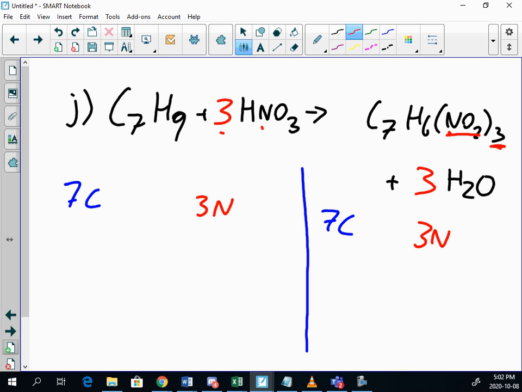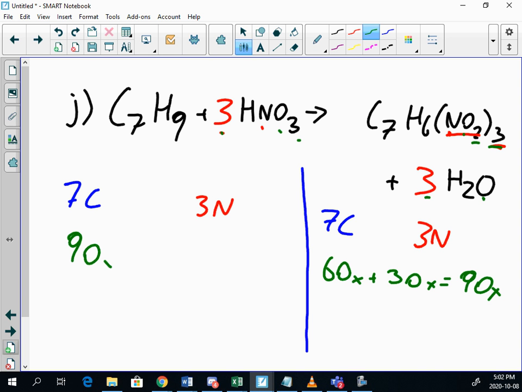All right, I have 3 groups of 3 oxygen, so a total of 9 oxygen on this side. And then I've got 3 groups of 2 oxygen, so 6 oxygen, plus 3 oxygen, so 9 oxygen on this side. Again, that meant I had to work inside my brackets there. Super annoying, but it happens.